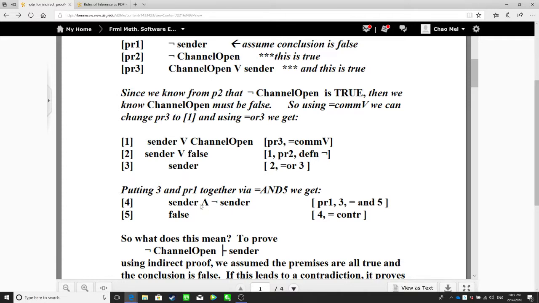It's 3 and 1 and 3. Let's see. Putting 3 and PR1 together, we are N5. PR1, sender.